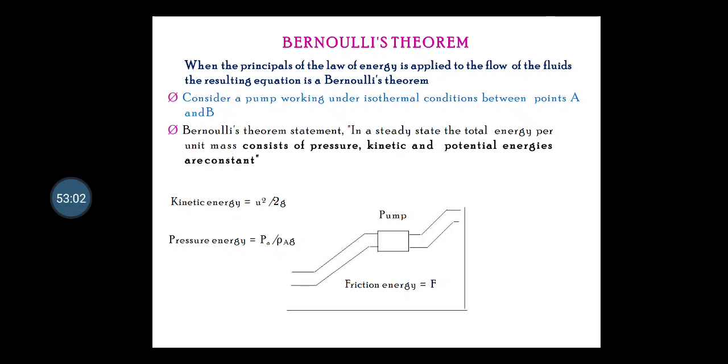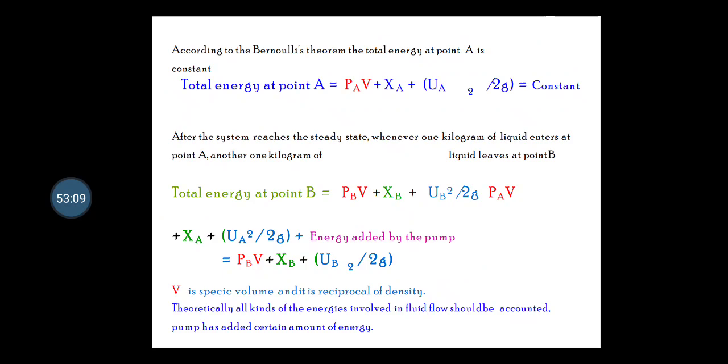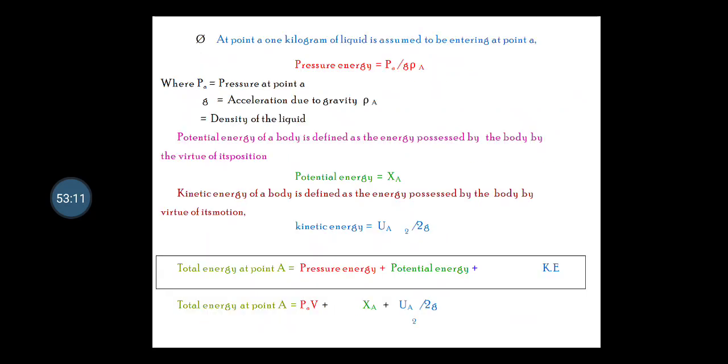So for unit mass of fluid, the pressure energy is P upon rho. So this is the expression of Bernoulli's theorem, what actually it is. This pressure energy, or flow energy, can be denoted by this equation, PA upon g into rho A. PA is the pressure at point A, g is the acceleration due to gravity, and rho A is the density of the liquid.